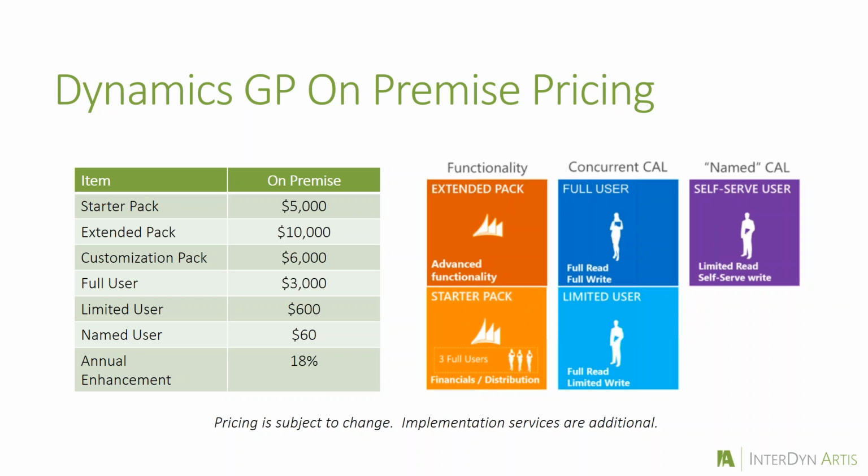And then at the bottom of the tier is the self-serve user. So basically a self-serve user can just do those employee entry things like the requisitions and time entry. And it says limited read, but all they can read are their time entries and requisitions and things like that. So the self-serve user is definitely the most limited of those user types.